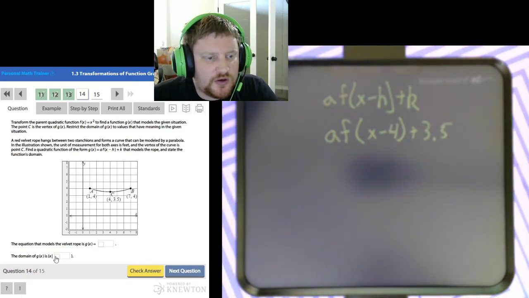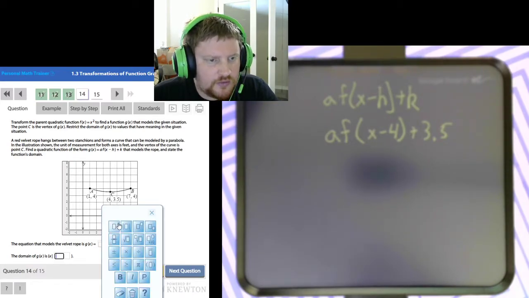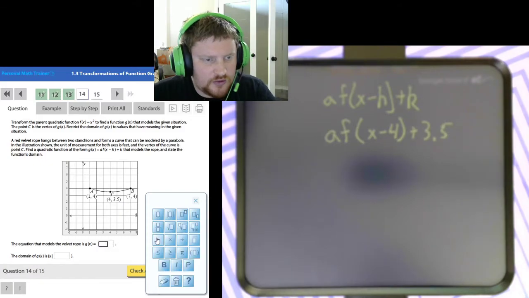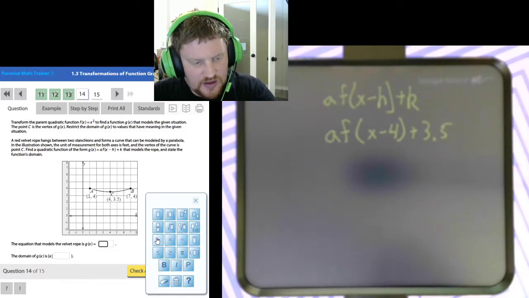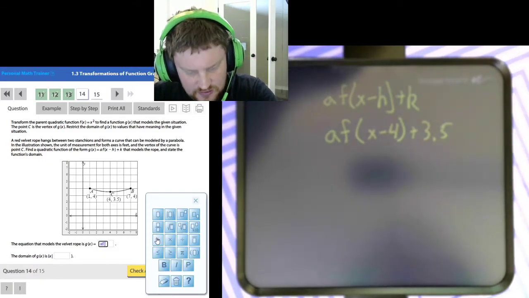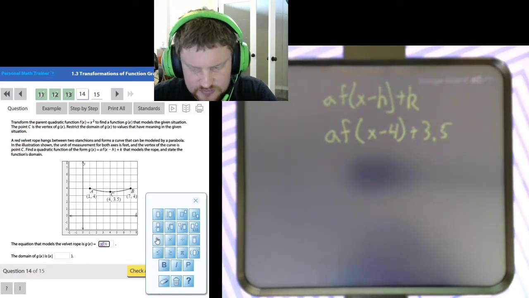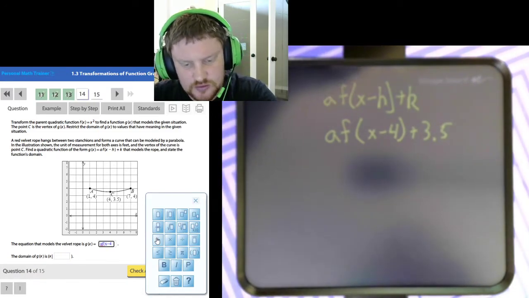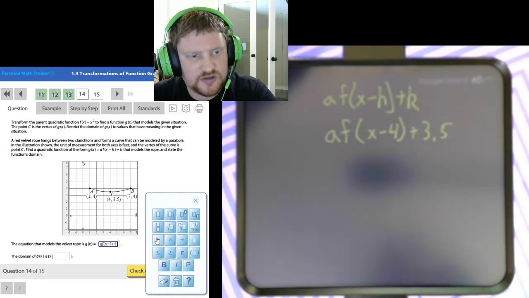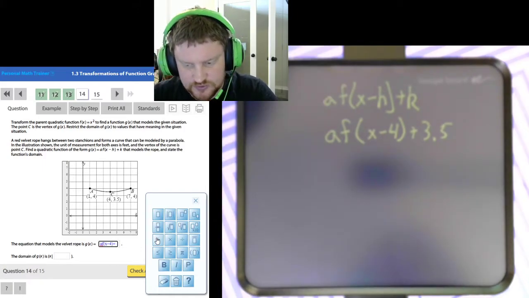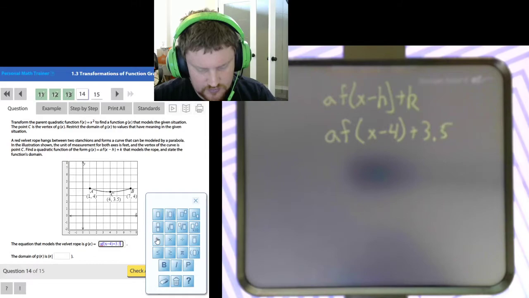So this much works. Oops, that's the wrong one. So we have a times f of x minus h plus k, and k was 3.5.